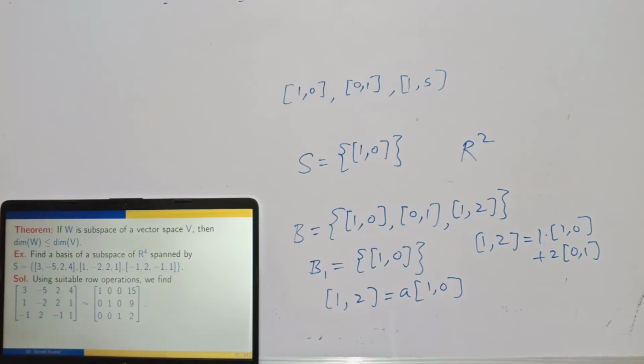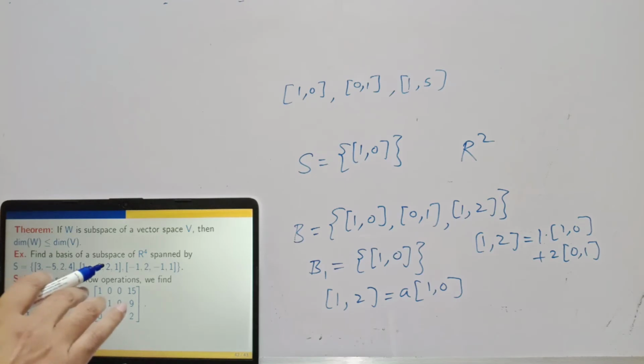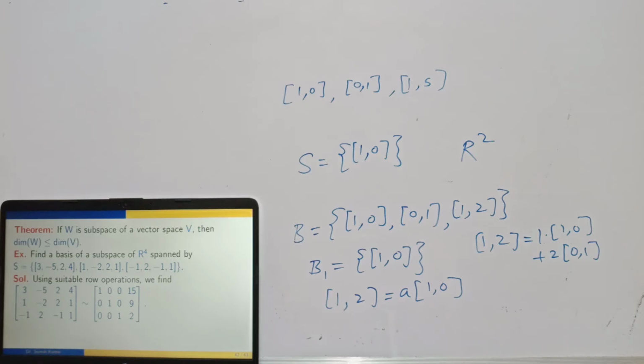So these three vectors are non-zero in RREF. So what does it mean? These three vectors are linearly independent. Already these are given spanning. These are spanning vectors for the subspace of R4. It means the three vectors, this set S forms a basis of the subspace of R4.